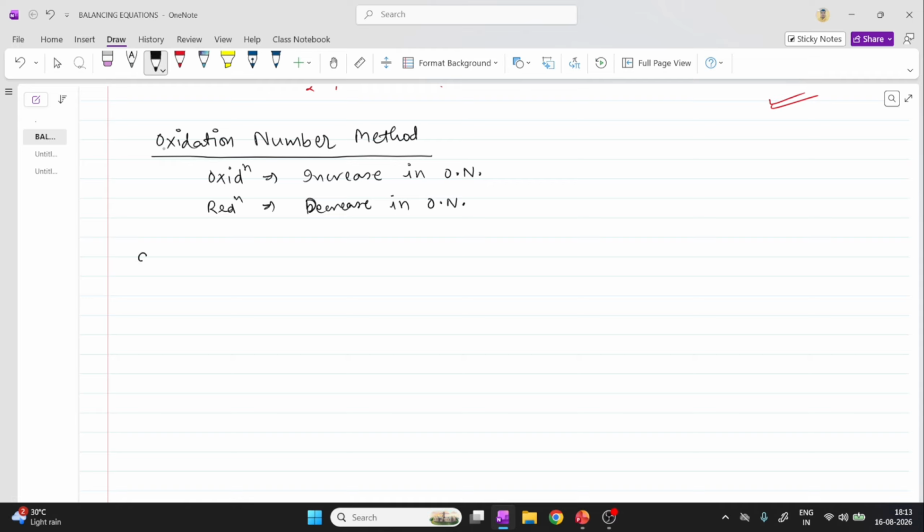I have one example: MnO4 minus plus SO2, and it gives Mn2 plus and HSO4 minus.